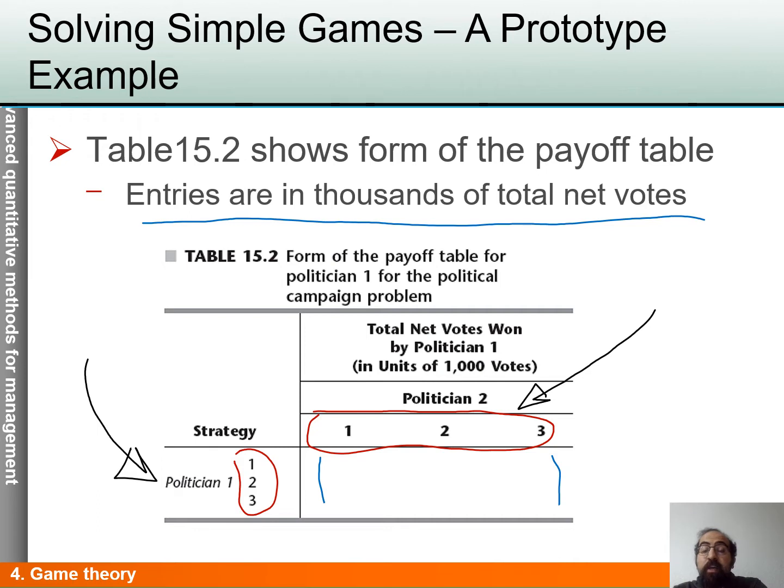It means that politician 1 or player 1 wins 1 unit of value, as here we have 1000 votes, while player 2 loses those 1000 votes. For this reason it is a zero-sum game. And remember, we only have one payoff table. For this reason, when in this table, for example, we have 1, if we imagine the table of the other one, it is -1 in this place. Okay, guys?